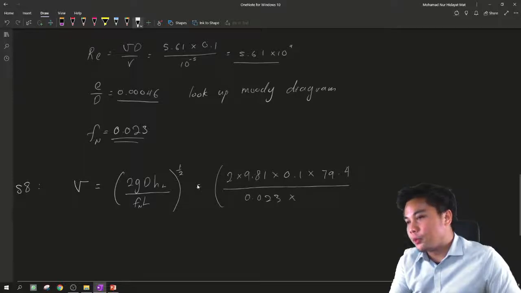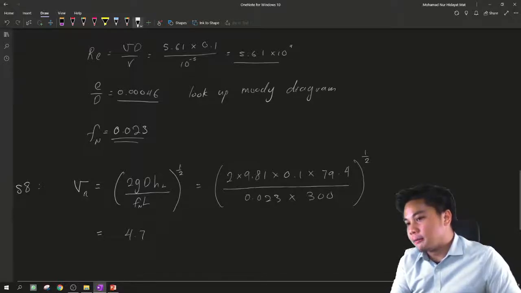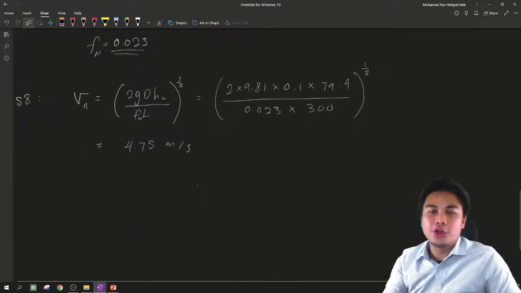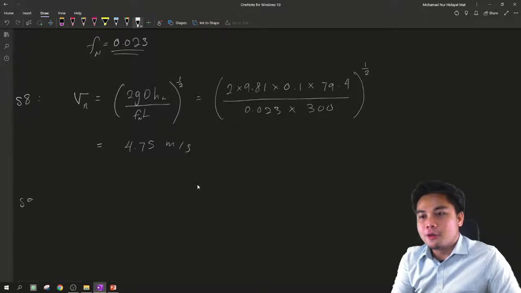0.023 multiplied by the total length of the pipe, 300, all to the power of half. You will find your new velocity to be 4.75 meters per second. Thus, with your newly discovered velocity, you can get the volume flow rate, Q equals AV.